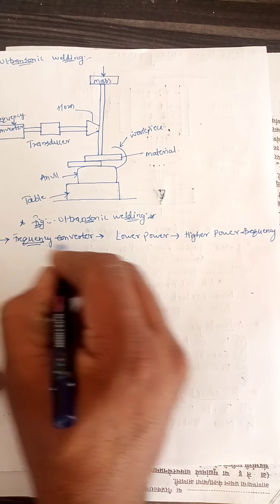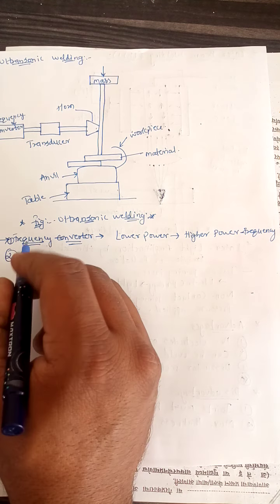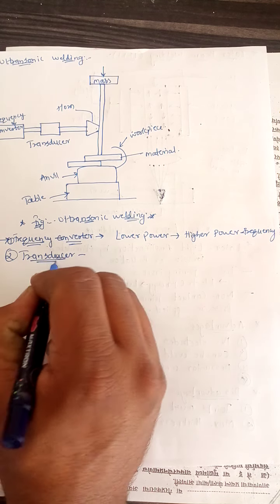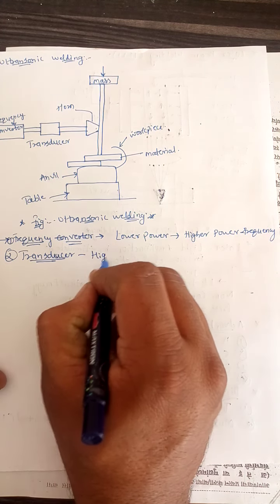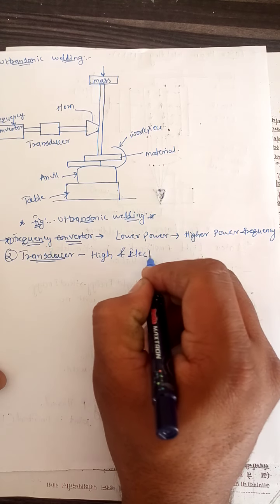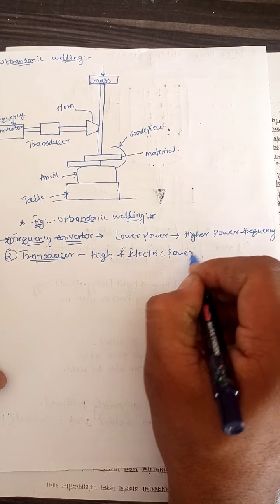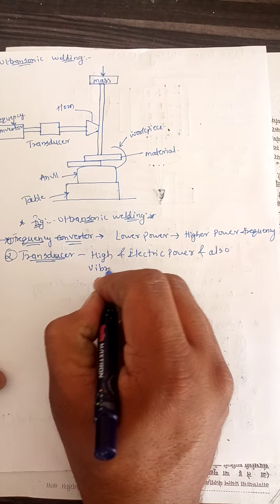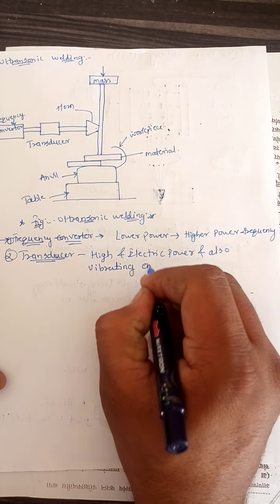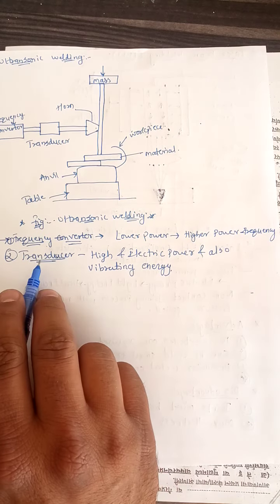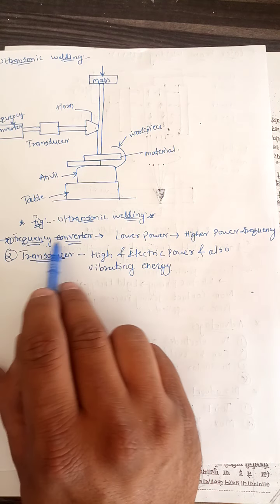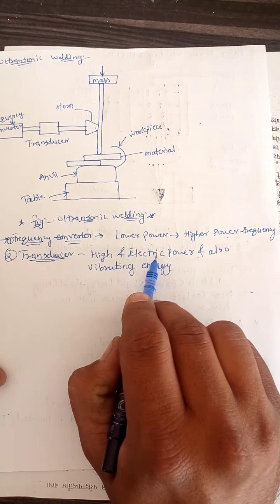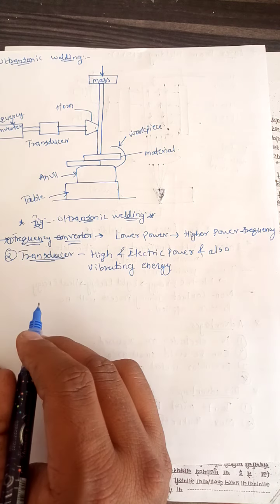Now second, there is a transducer: high electric power and also vibration or vibrating energy. Means what? The converter gives the higher frequency and electric power, and the transducer creates a vibration.